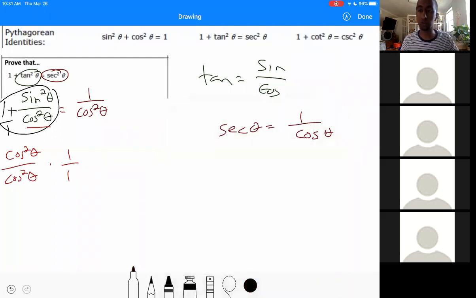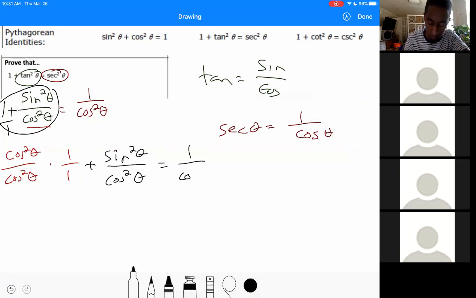Remember, when you multiply, you have to do the top and the bottom, because that's still equivalent to 1. So we're just multiplying everything by 1. Plus sine squared of theta over cosine squared of theta, and we still have this over here. When we multiply this, it's just going to stay the same.